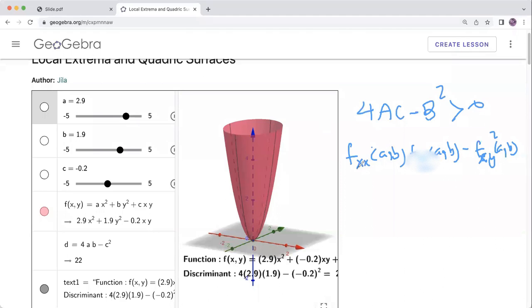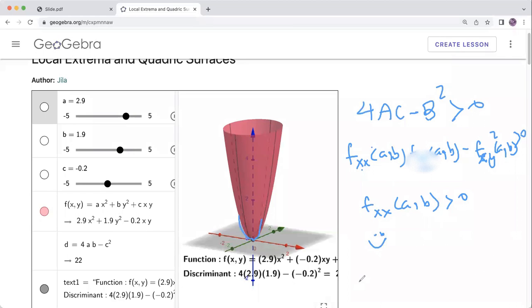paraboloids, then if fxx of A and B is positive, then I can comfortably say that the curve in the direction x, I drew it right there, is going to look like, because it's positive, a smiley face.